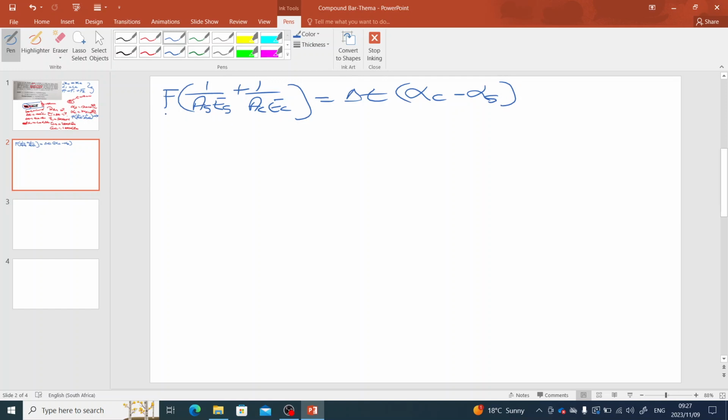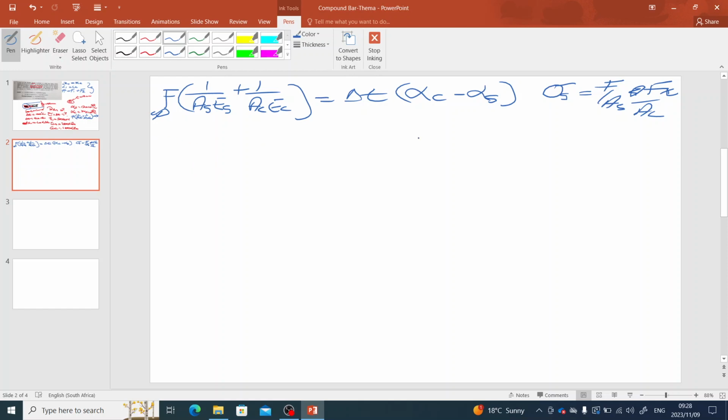We have to first calculate the force, then calculate the stresses. Stress in steel equals force over area steel, and stress in copper equals force over area copper. But it is this force here that we need to use, as a result of the transference of heat.